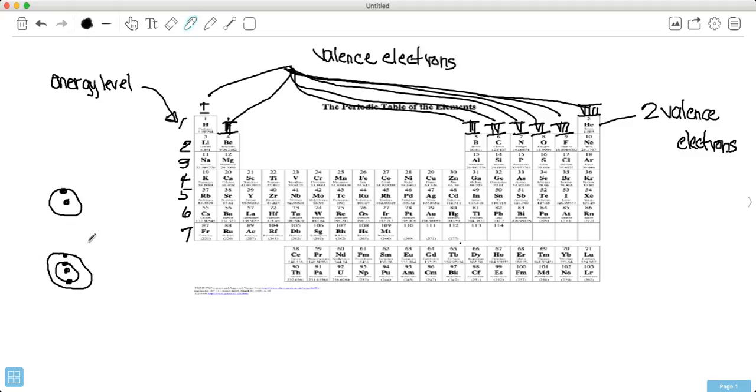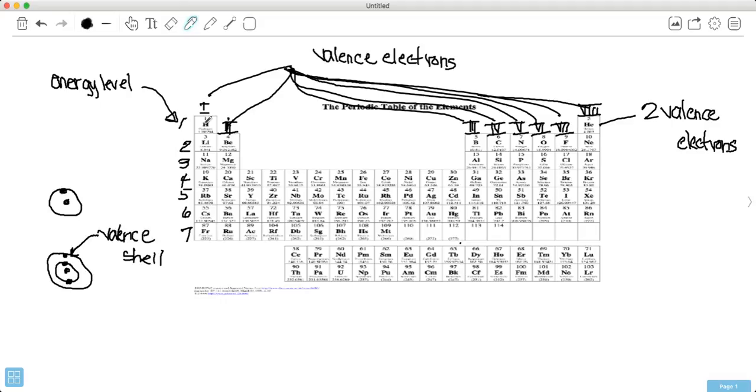Now this right here, this outermost shell, that is a valence shell. And the electrons on that valence shell are called valence electrons. So lithium has 2 energy levels. It's in period 2. It's in group 1, which means it has 1 valence electron.